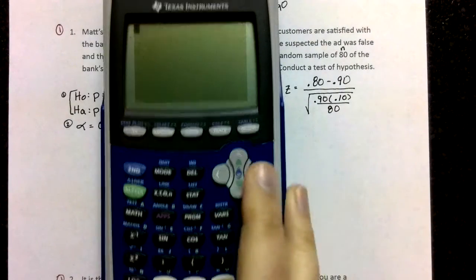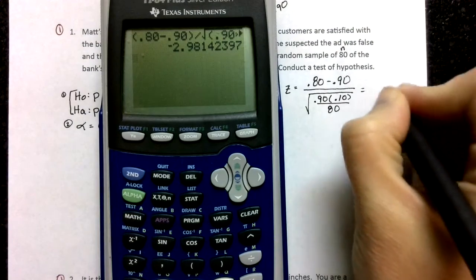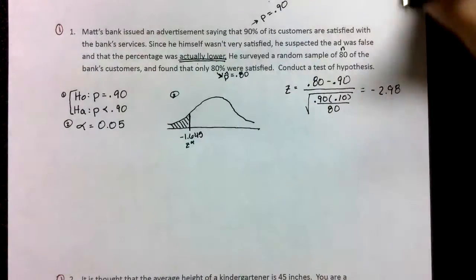I'm going to go ahead and compute this. Just be careful typing it in. And I get negative 2.98.